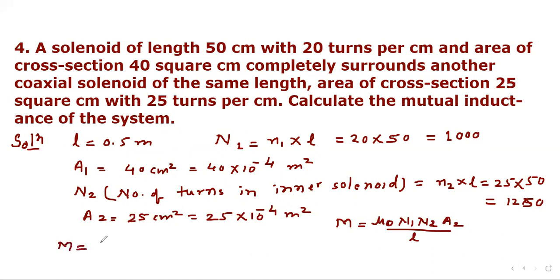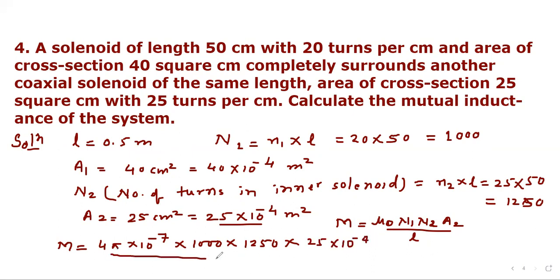M equals mu naught 4 pi into 10 to the power minus 7, N1 is 1000, N2 is 1250, into area of inner one is 25 into 10 to the power minus 4, divided by length 0.5 meter. If we simplify it, we will get 7.85 into 10 to the power minus 3 Henry, which is our answer. Thank you for watching.